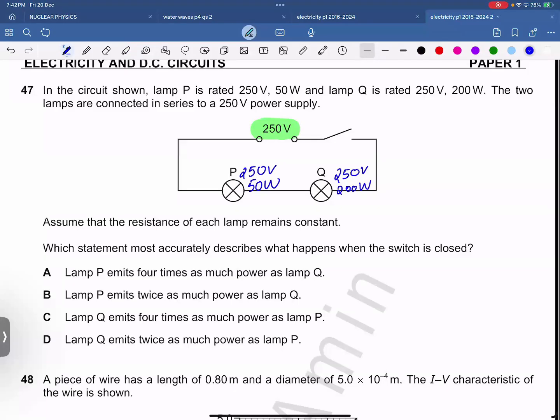Power emitted will depend upon how much current they receive. Let's find their individual resistance. We will find the resistance of P. R is equal to V square over P. So 250 square over 50.